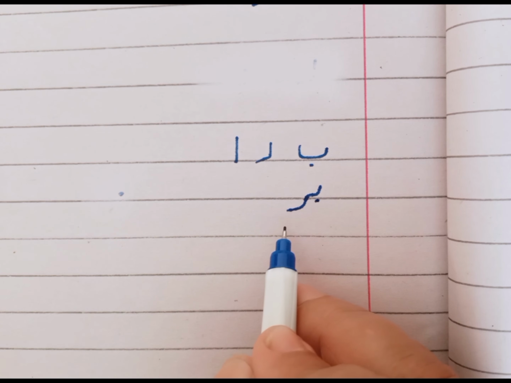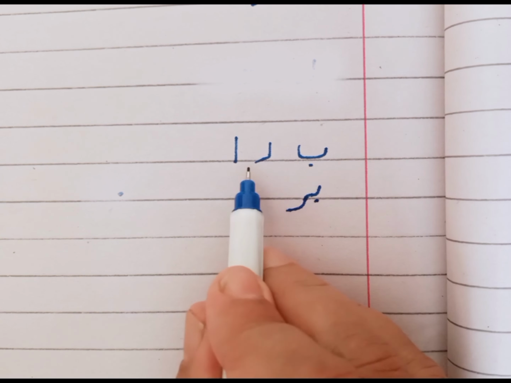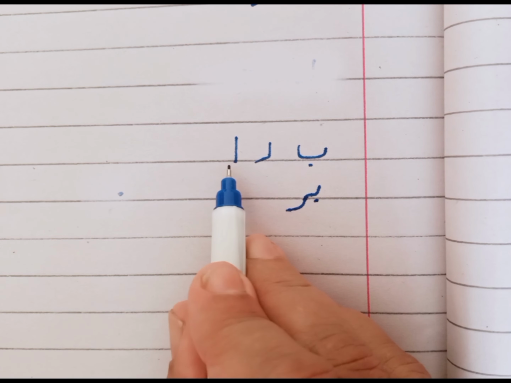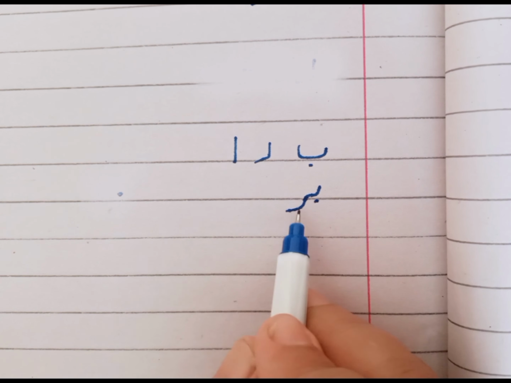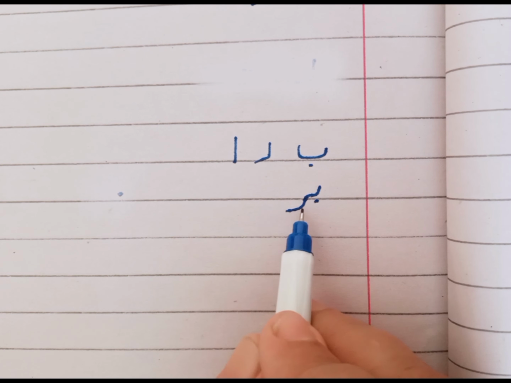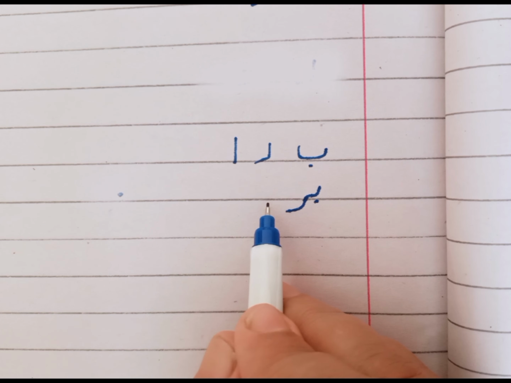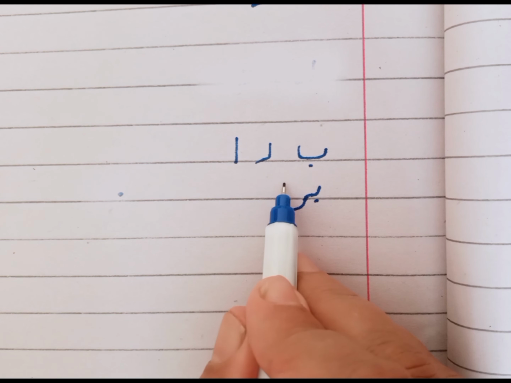One dot of Be, and then these two letters we have written, B-R, and Alif is left. Over here you see that Alif will be written in separate form. Why? Because before Alif there is Re, and Re is one of those letters after which we cannot join any letter. That's why Alif will be written on its own.